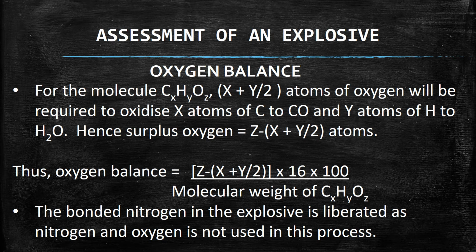Hence, surplus oxygen can be calculated by the formula Z minus (X plus Y/2) atoms. Thus, oxygen balance is calculated by the formula (Z minus (X plus Y/2)) times 16 times 100 divided by the molecular weight of the compound. The bonded nitrogen in the explosive is liberated as nitrogen, and oxygen is not used in this process.